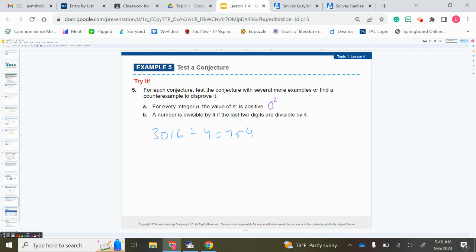I did this like 5 different times, I'll be honest. I did 5108. I did 7712. I did 11328. I also did 116, just to see if it works smaller. Every one of these numbers was divisible by 4.